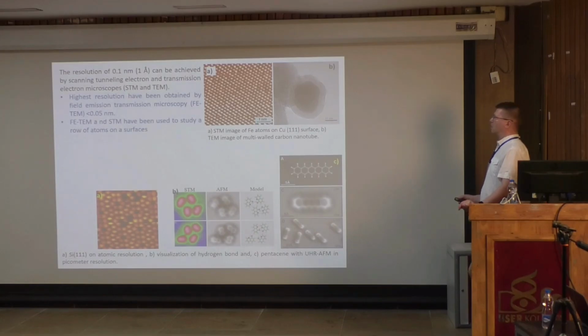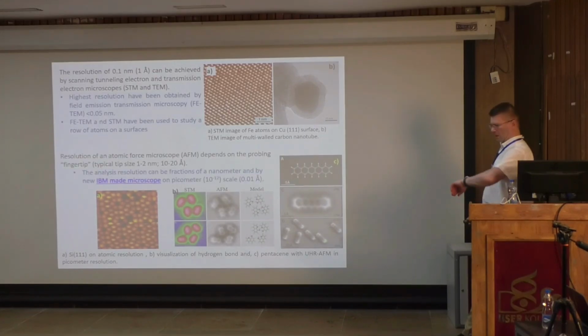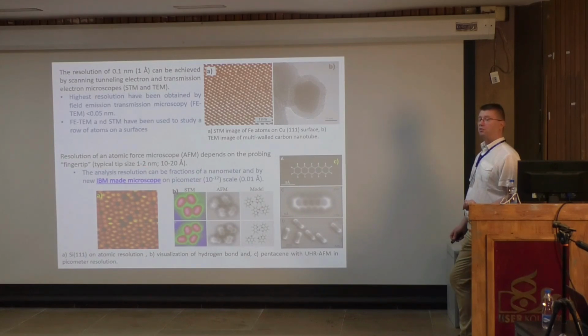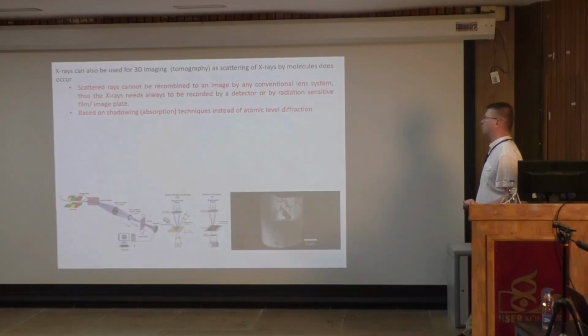But the idea is now, you can have these field emission transmission microscopes for that. And then the resolution for the atomic microscope is on a scale of 1 or 2 nanometers, which is about 10 or 20 angstrom. So that's the idea. We can see this kind of thing.